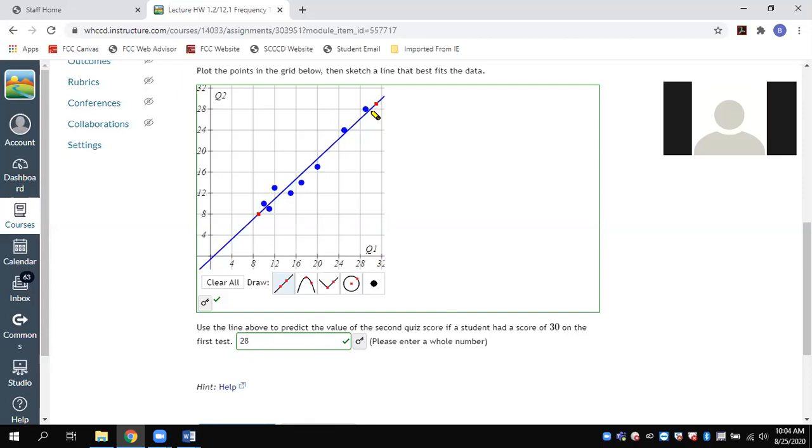On the line, a quiz 1 score of 30 is about right there, and it goes over to a quiz 2 score of 28. That invisible spot on the line, not the dot, looks like it's over 30, up 28, doesn't it? Quiz 1 30, quiz 2 28. That's how I came up with that 28.